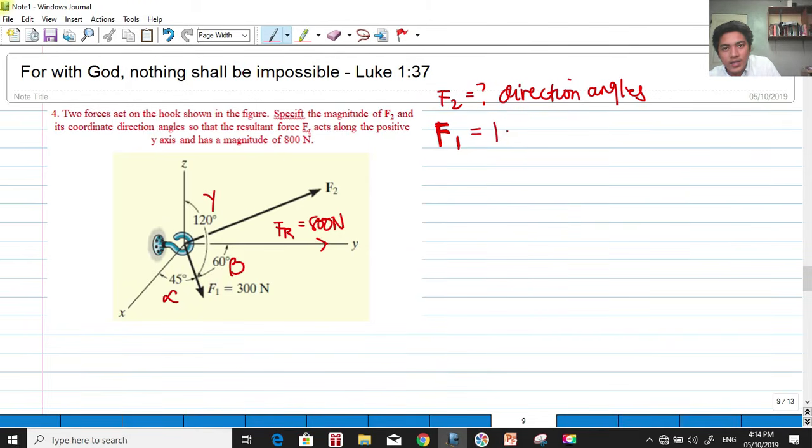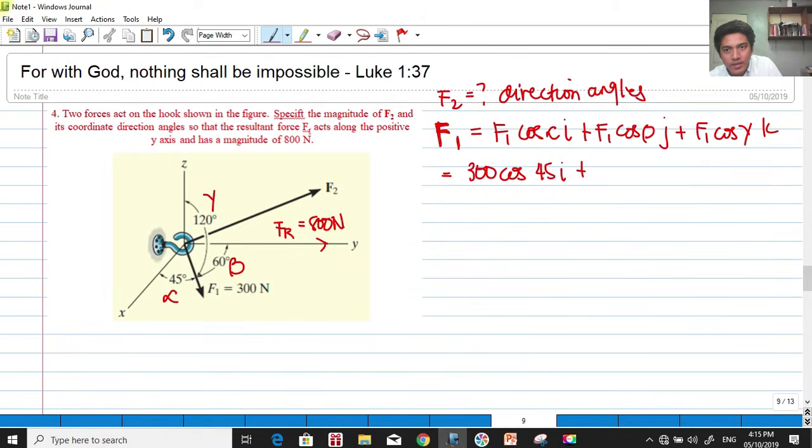So we can rewrite this as the magnitude of F1 cosine alpha i plus the magnitude of F1 cosine beta j plus F1 cosine gamma k. So if we do that, the magnitude is 300 cosine alpha, which is 45, i, plus 300 cosine beta, 60, j, plus 300 cosine of 120 k.